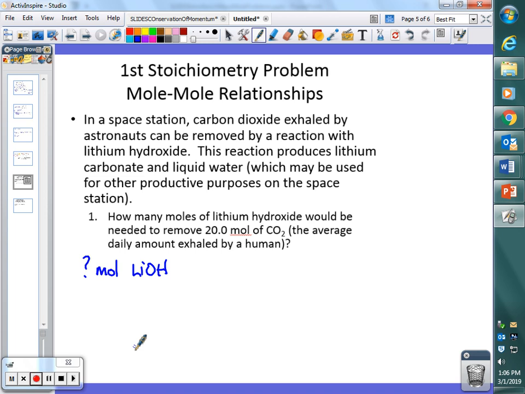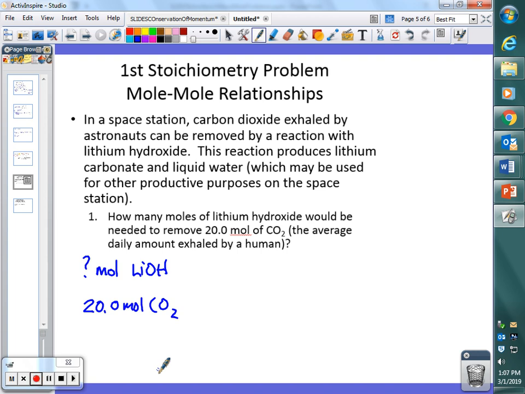What's one piece of information that they gave us to work with in this problem? We know we're trying to find out how many moles of lithium hydroxide, but they told us that we have to get rid of 20 moles of carbon dioxide. That's how much we have to get rid of each day. Next, what is this opening paragraph describing?